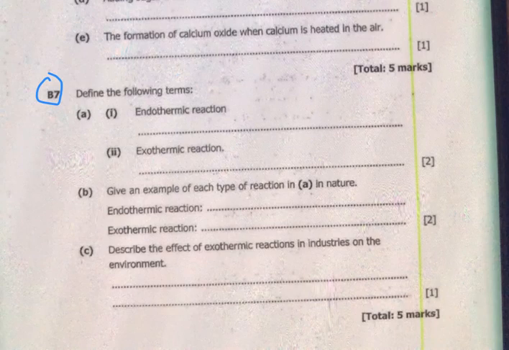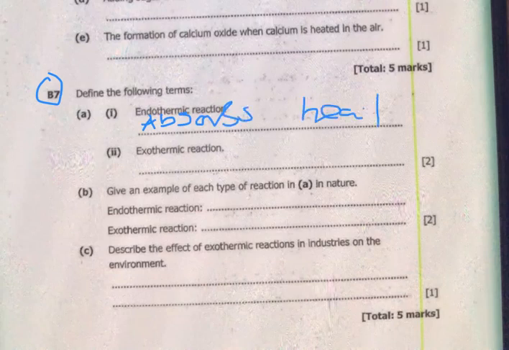Or just say it is a type of reaction that involves the absorption of heat. That is an endo, meaning getting to have heat inside of the system. That is an endothermic reaction.